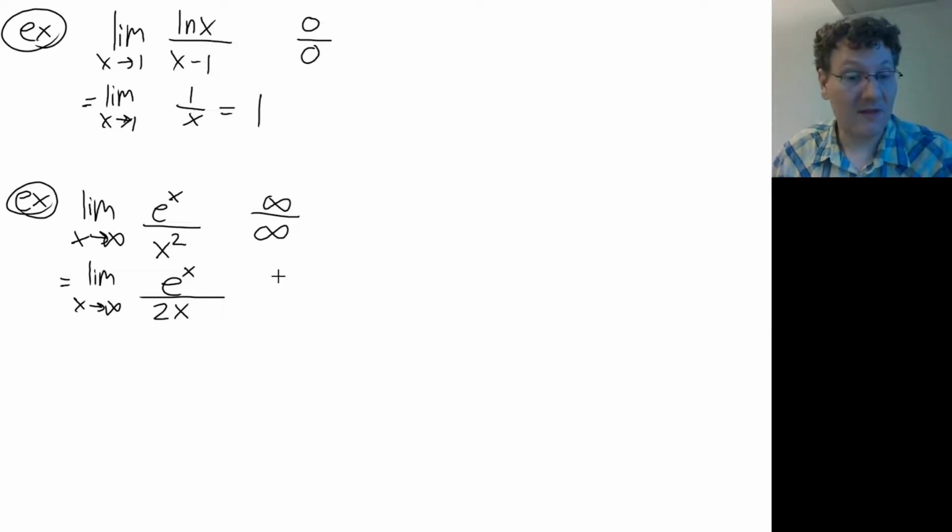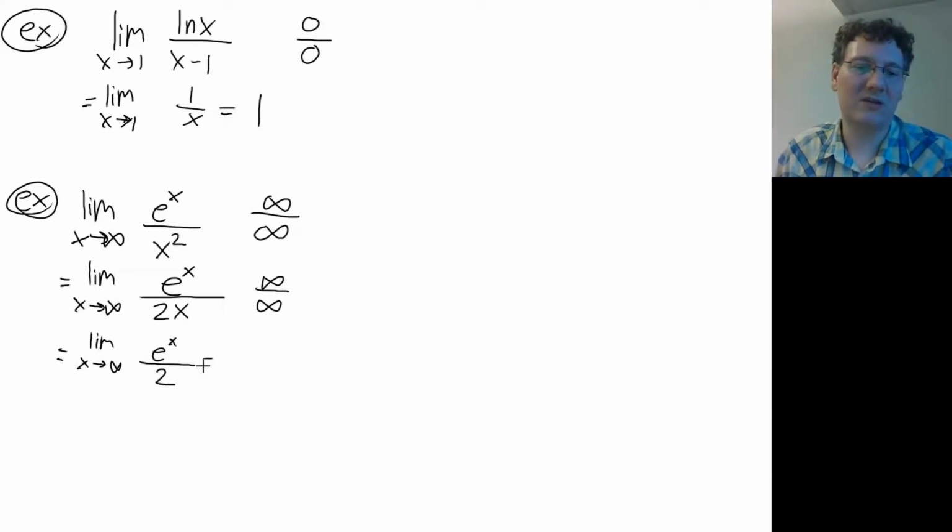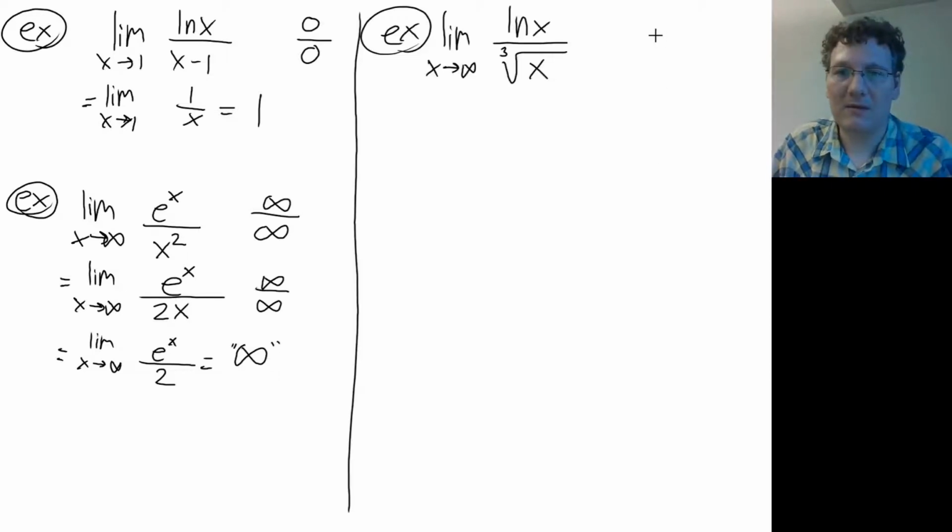But notice that this is still indeterminate form of infinity over infinity, so we're going to do this a second time. This is the limit as x goes to infinity of e to the x over 2, which is infinity, or to say there is no limit. It increases unbounded.